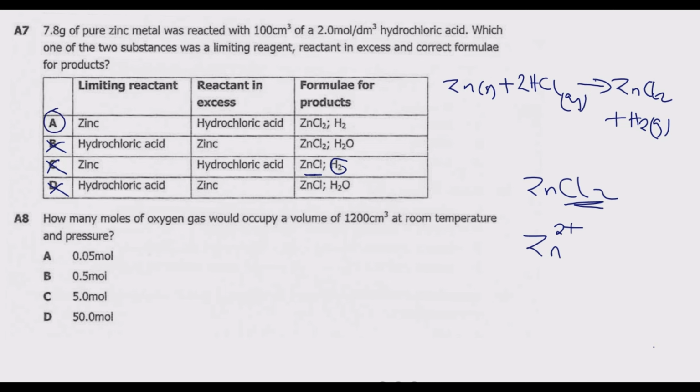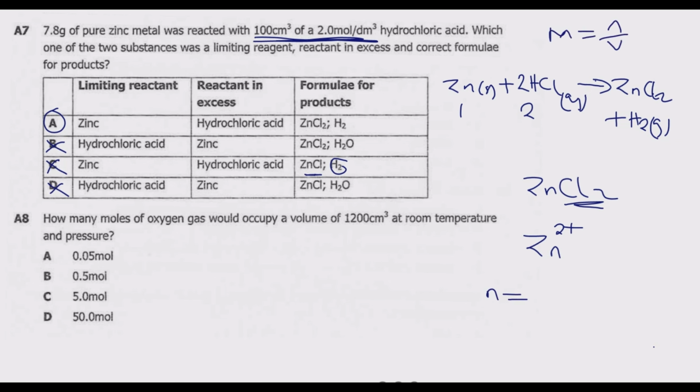If you are asked to calculate the limiting agent, after we balance this equation, we notice that we have the mole ratio 1 to 2. What it means is if we have 2 moles of hydrochloric acid, we need 1 mole of zinc metal. So we need to find the number of moles in this hydrochloric acid, which is given by the molarity formula. Molarity is equal to number of moles divided by volume.